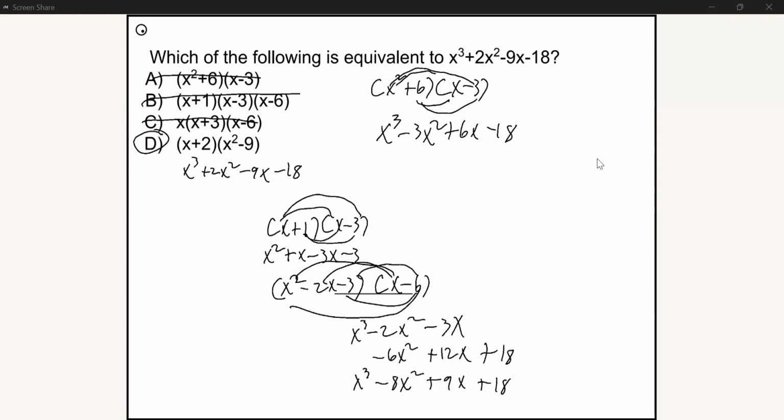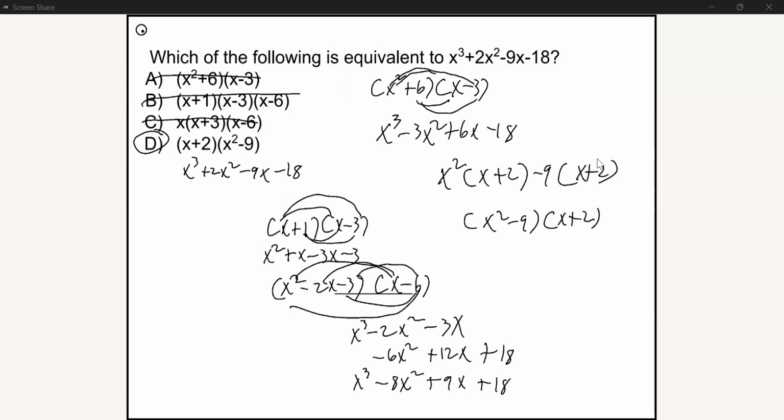If you did want to factor it, it would be something like this. Pull out the x squared in the first two, so you get x squared times x plus 2, and then pull out the negative 9, x plus 2, and then you get x squared minus 9 times x plus 2.